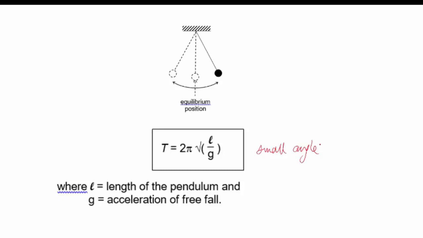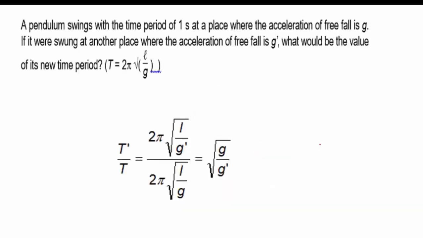If the angle is not small, the formula is not valid anymore. So remember when you do oscillation experiments in the lab, try to keep this in mind as well. All the formulas that you use for the calculation are always making reference to a small amplitude or small angle.